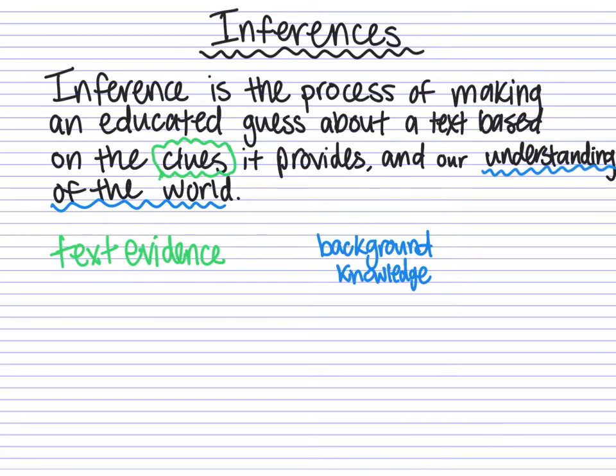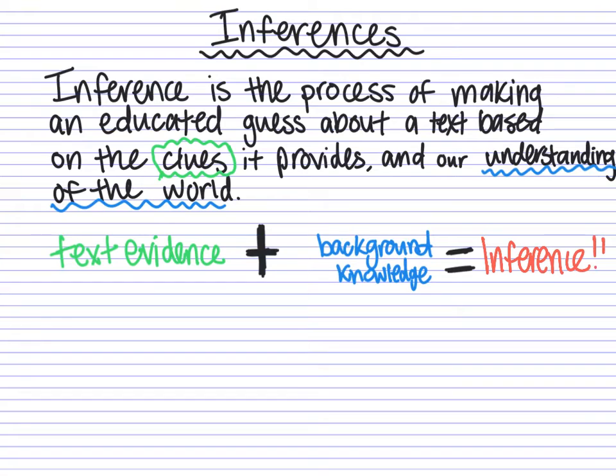If we have text evidence, which is the clues a text gives us, and our understanding of the world, if we add those two things together, this is my plus sign here. So text evidence plus background knowledge equals an inference.